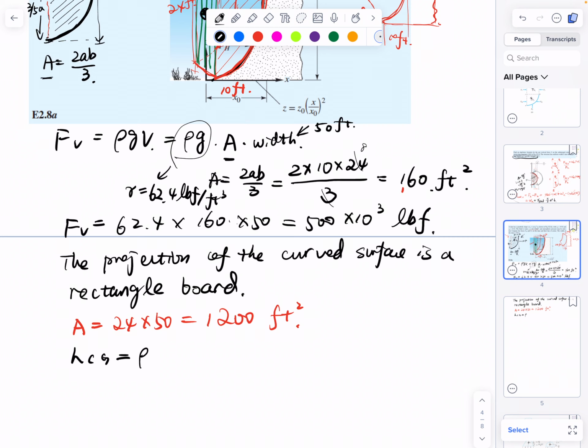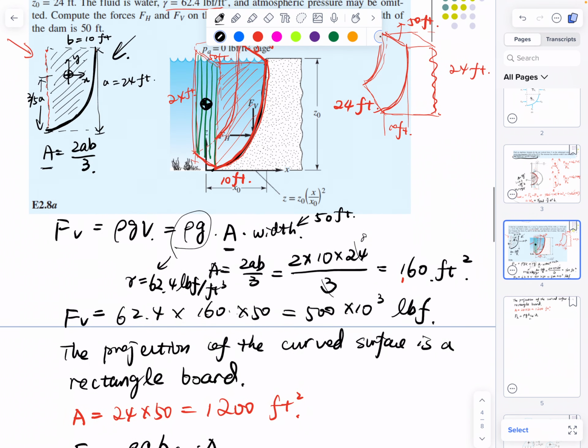Let's directly calculate F. F horizontal equals rho G HCG multiplied by A. And HCG is from the centroid to the top.